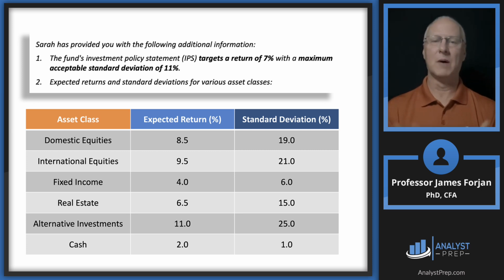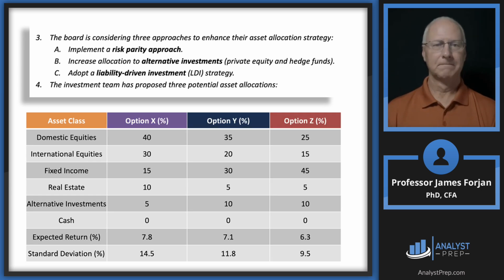So in order to come up with an asset allocation that's acceptable, we're going to have to throw lots and lots of fixed income in there. Look at the alternative investments, 25% standard deviation. I don't know if we can have any of that stuff. Probably a little bit, but. All right, so what we're doing is considering 3 approaches: risk parity approach.